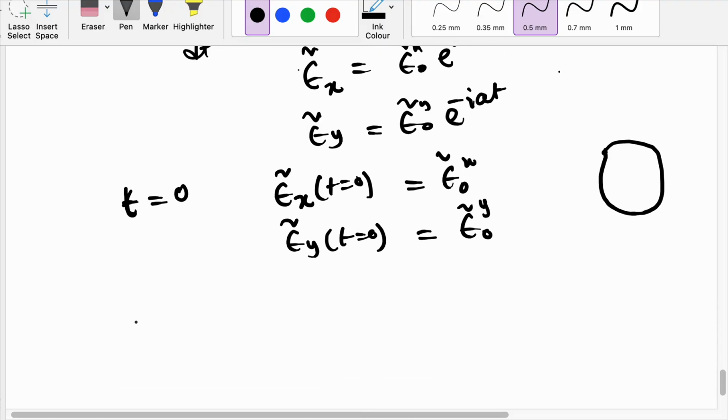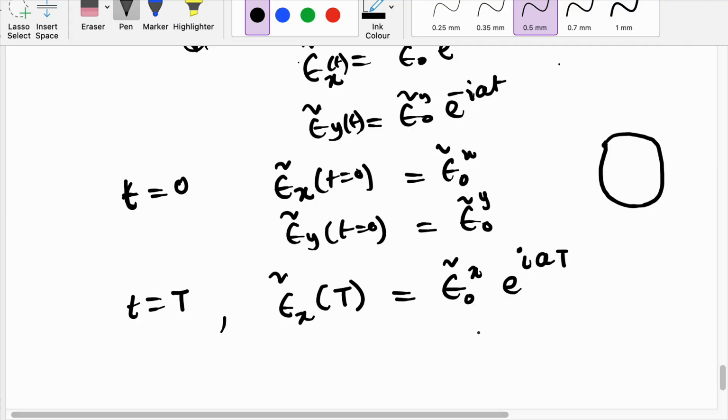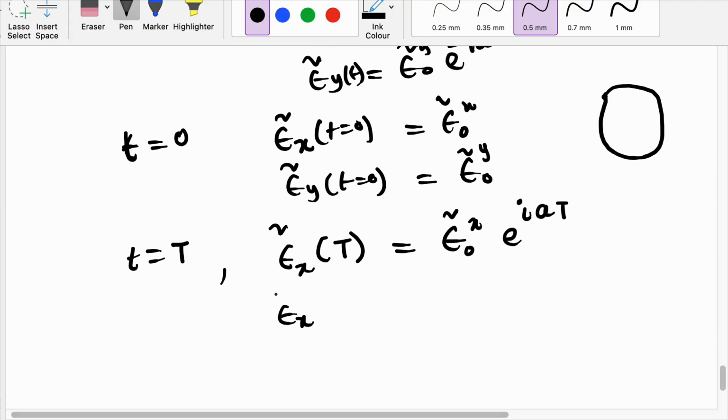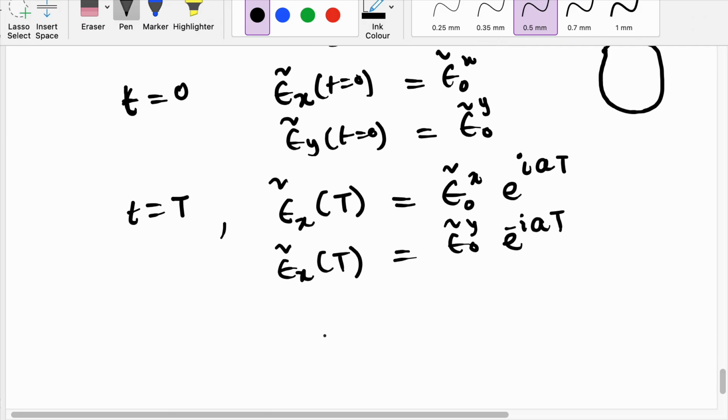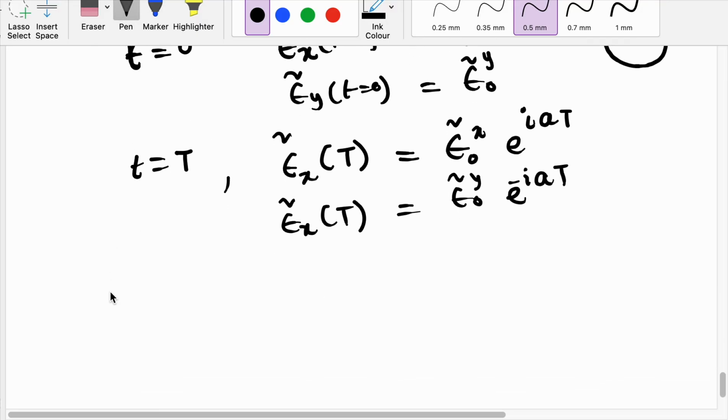Let me suppose at time t it will get back to the same point. So let me solve for t. Epsilon x at t equals epsilon 0 x tilde e to the power iat, and epsilon y equals epsilon 0 y tilde e to the power minus iat. Since my system is oscillating, it will come back again to the same position.